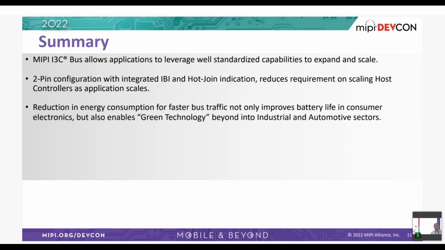So if the firmware with a standardized stack is also there, it allows the application to scale over a period of time. Lastly, reduction in energy consumption from the faster bus traffic not only means lesser energy consumed during the bus traffic, but also enables green technologies, primarily due to the fact that the system or the bus can stay in an idle state for longer times. And this enables this market to grow beyond the industrial and automotive sectors.